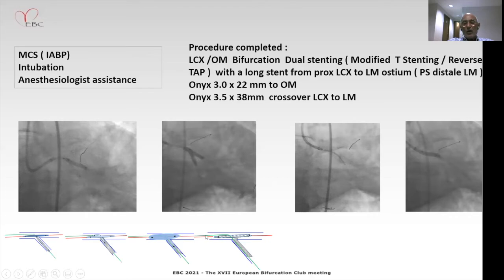So completing also the provisional stenting on distal left main bifurcation.